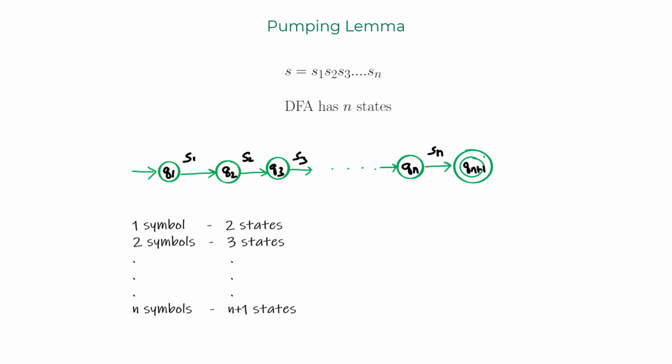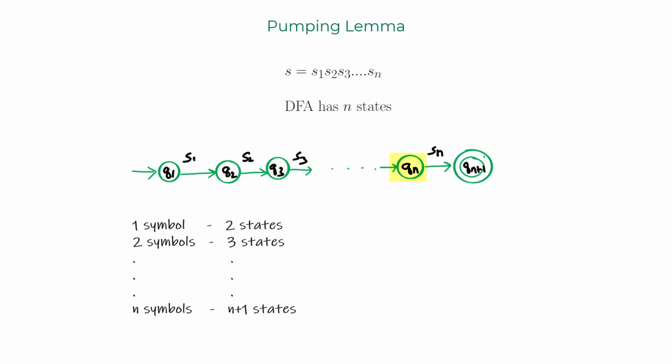But there are only n unique states in the DFA, so definitely one state should have repeated itself, meaning there is definitely a pump in this DFA if it accepted a string of length n, which equals the number of states in the DFA. Now, we do not know where the pump is to split the string S into xyz format.